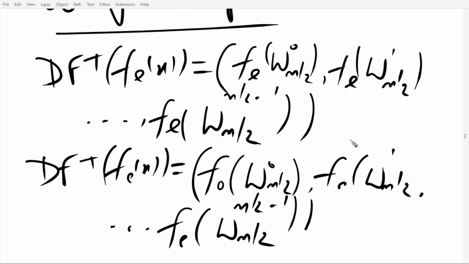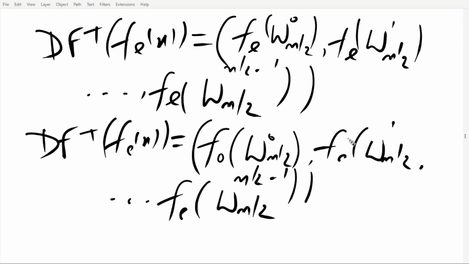So we have computed DFT of FE(x) and DFT of FO(x) recursively using the same FFT algorithm. We know the values. Now in the conquer step, we have to combine. So how do we combine?